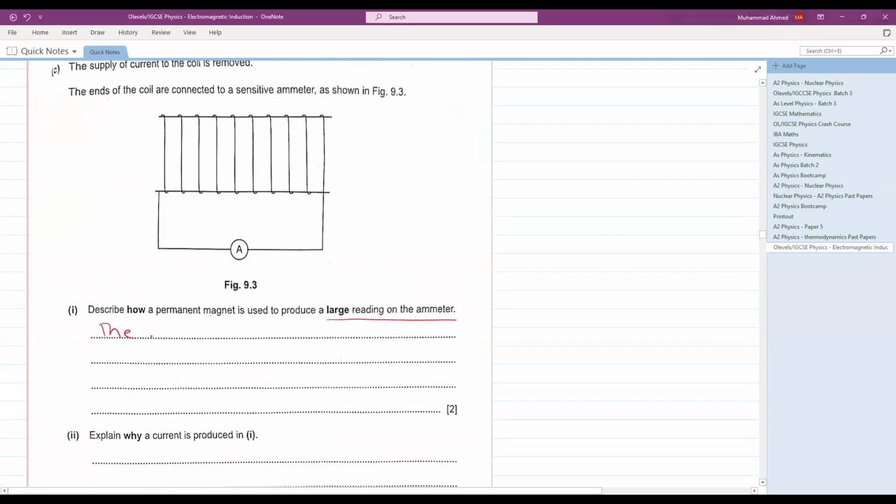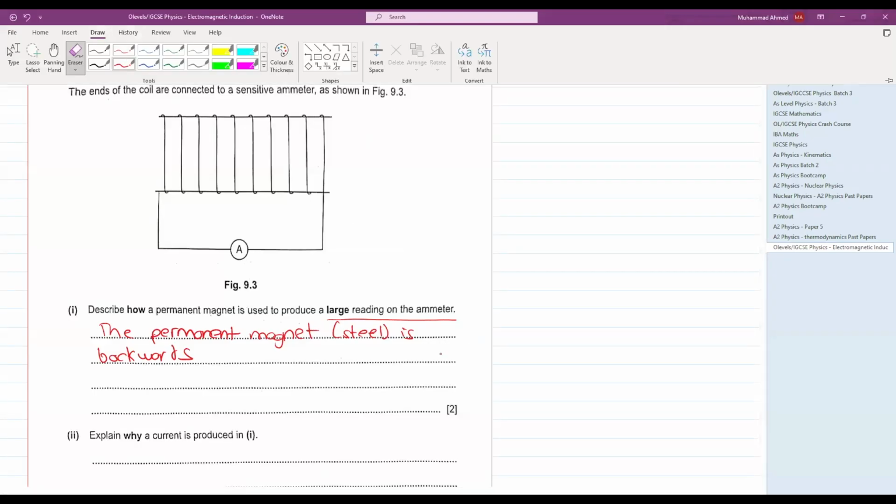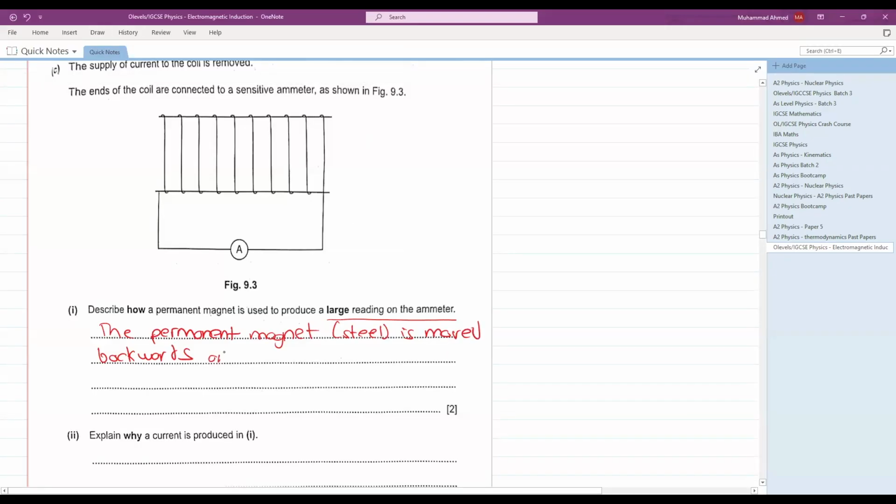The permanent magnet, permanent magnet slash steel, is moved backwards and forwards in front of the coil at a faster rate.